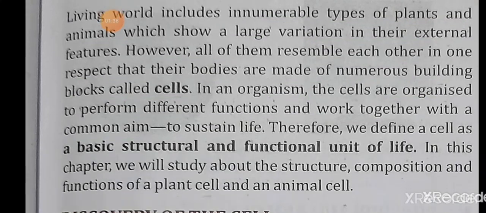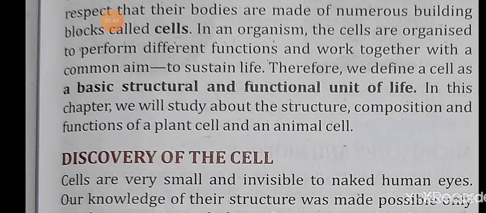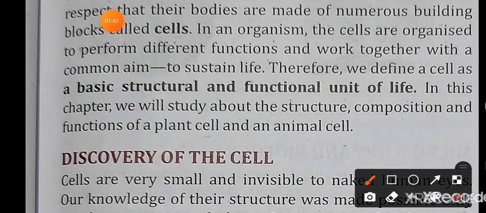Therefore, we define a cell as the basic structural and functional unit of life. In this chapter, we will study about the structure, composition and the function of a plant cell and an animal cell.